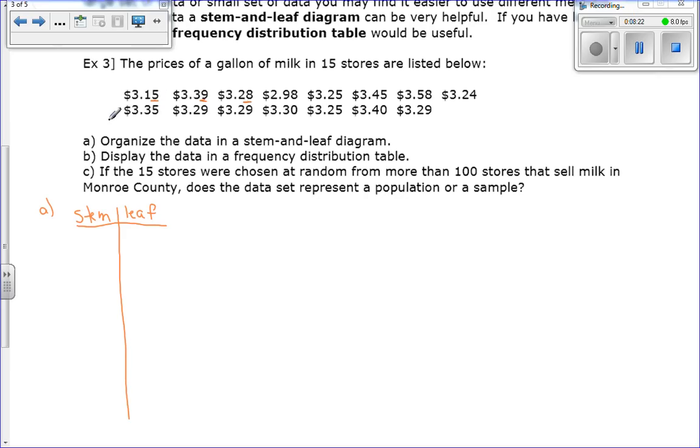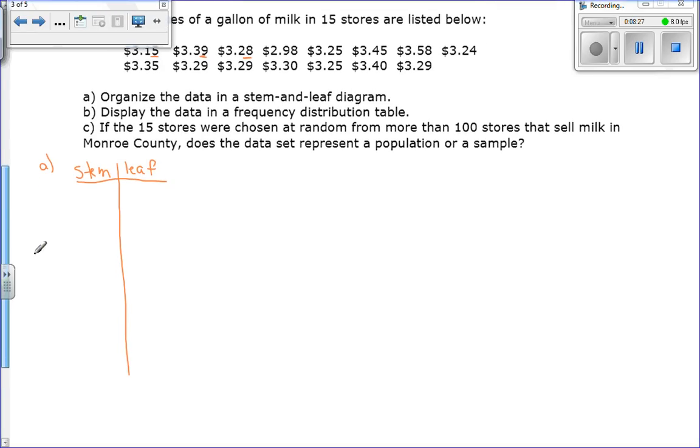When you do a stem and leaf diagram, you have to have a key, so that we understand what we're writing. If I were to have $2.98, my key would be 2.9, and then I'm going to draw a slash, because that's representing a line here, 8.